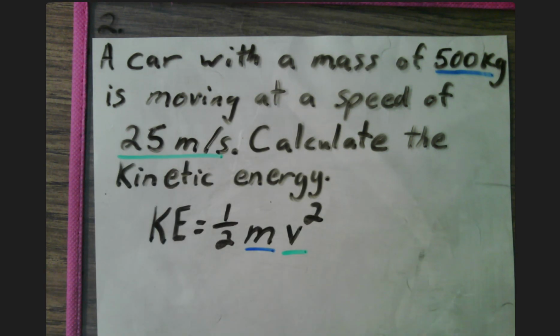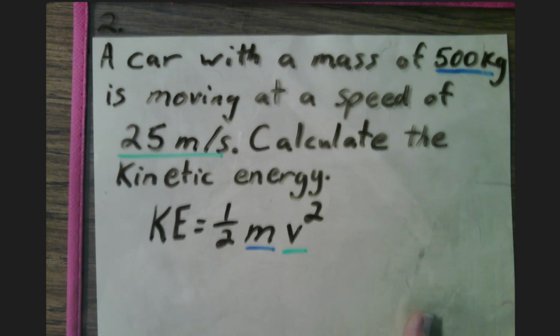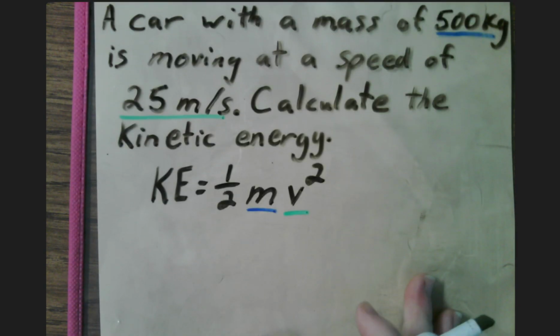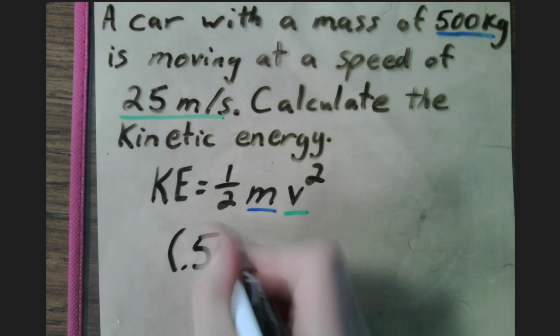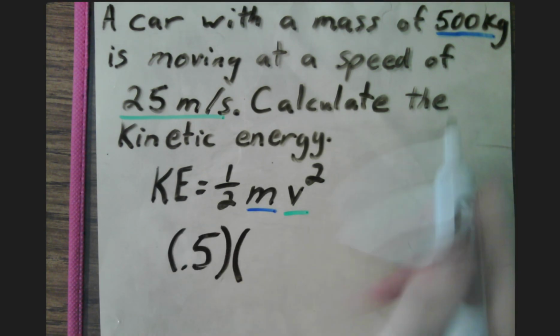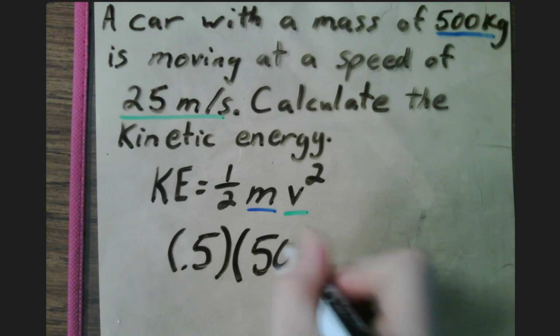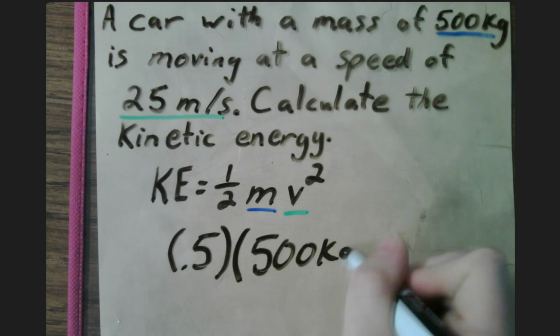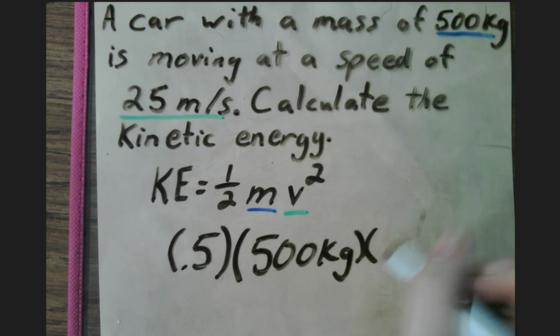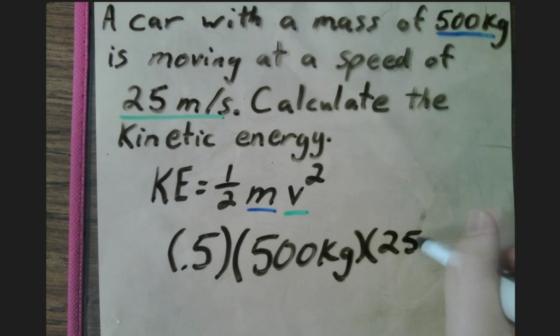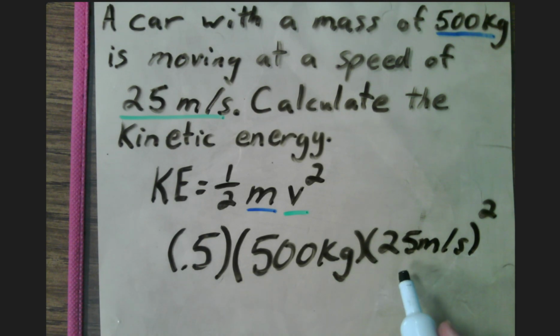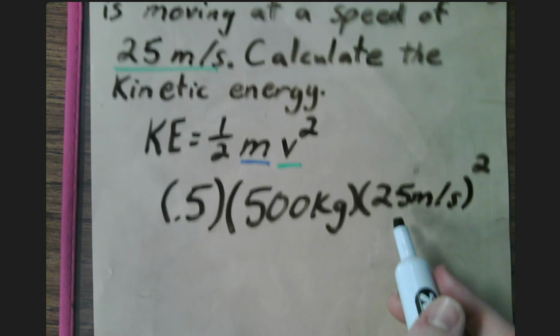So now that we know our numbers, let's plug in our numbers. So we have 0.5, or 1/2, times our mass, which is 500 kilograms, times our velocity, which is 25 meters per second, and we're going to square it, which is exactly the same as what we did before.